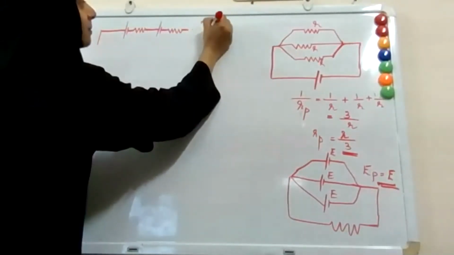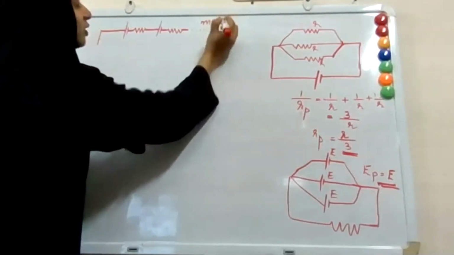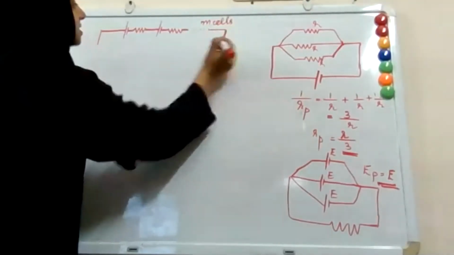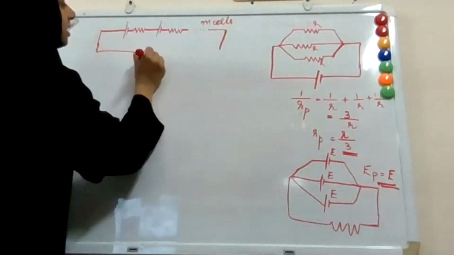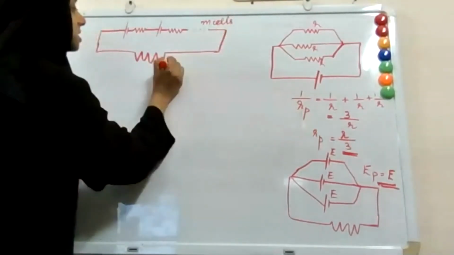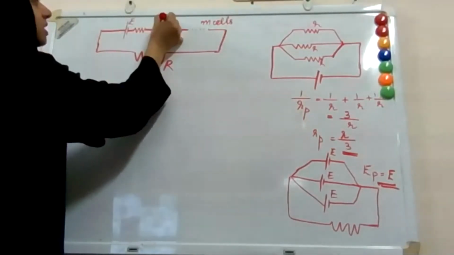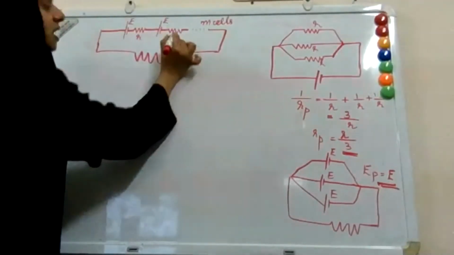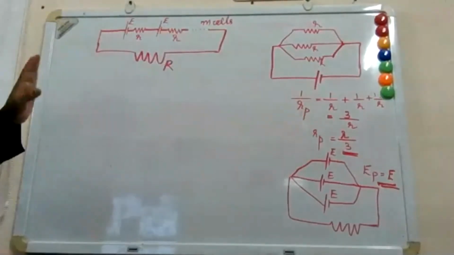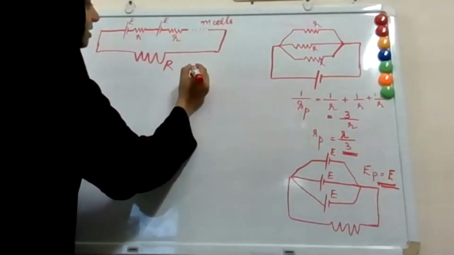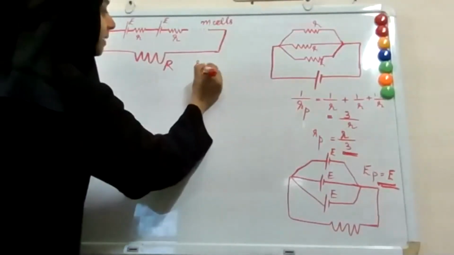Dots mean there are M cells. Earlier we used the letter N, that is why I'm using M. It doesn't matter whatever the letter is. The external resistance is R, and all these M cells have the same EMF E and the same internal resistance r. Now, using this formula, can you tell me what will be Rp?